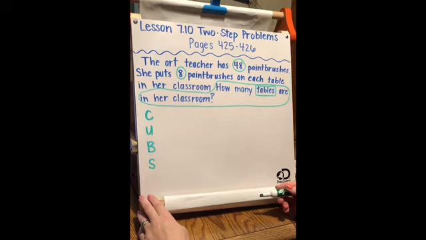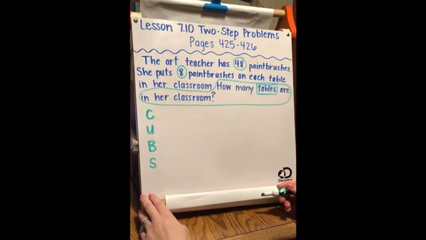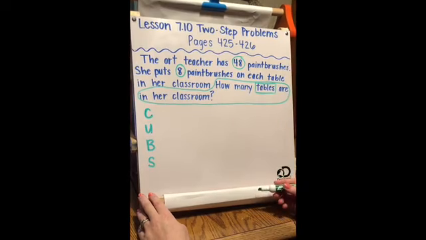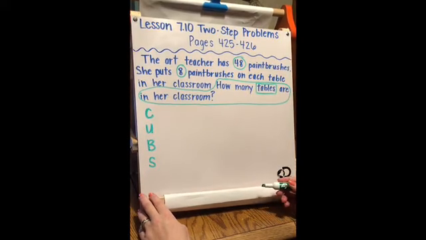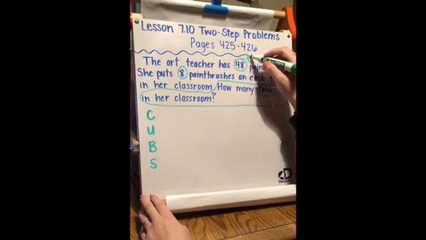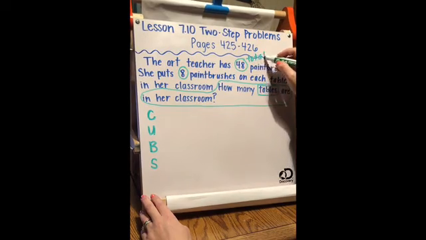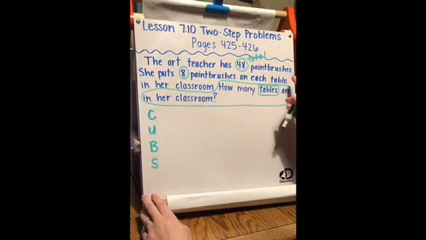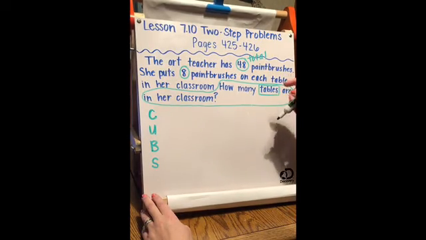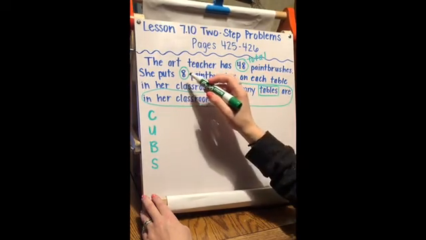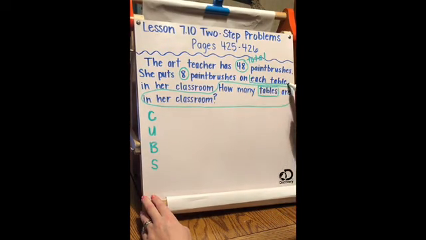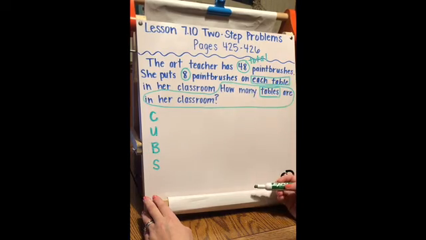U is understand the operation and choose a strategy. So we have a total of 48 paintbrushes. So this is our total. She puts 8 paintbrushes on each table. So she's going to take 8 paintbrushes and put them on each table.